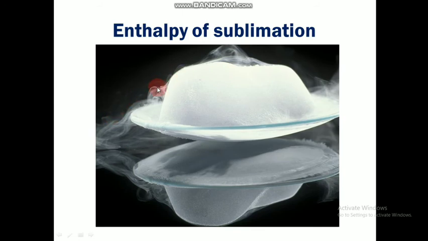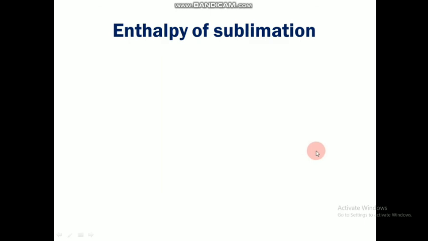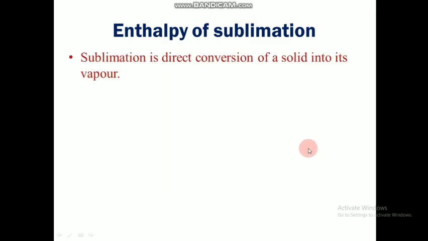There are particular compounds which show this property, like solid CO2, the dry ice, or even camphor and naphthalene balls. All those are substances which show the property of sublimation. It is the transformation of solid state directly to the gaseous state. So we will see what change in enthalpy is caused by sublimation.